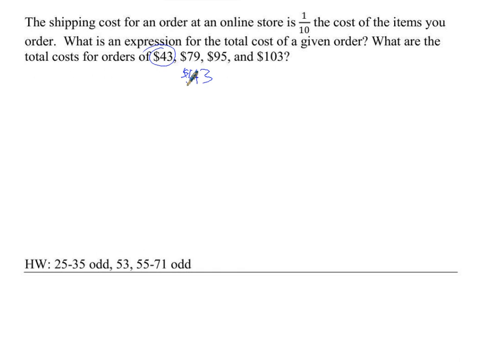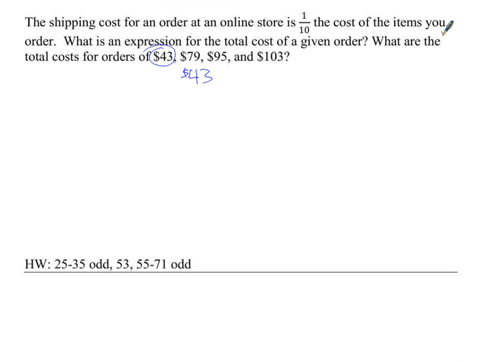It's kind of like if your name is John, then what do people call you? $43, okay? The items that I bought cost me $43. 1/10 of the cost of the items that I bought is going to be my price for shipping. So how can I figure out my price for shipping?